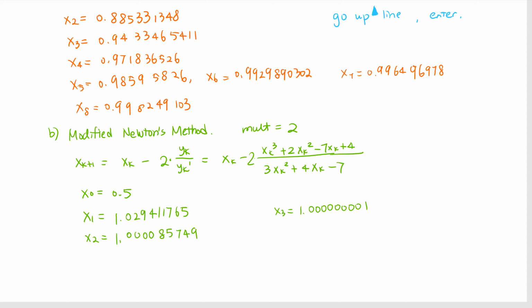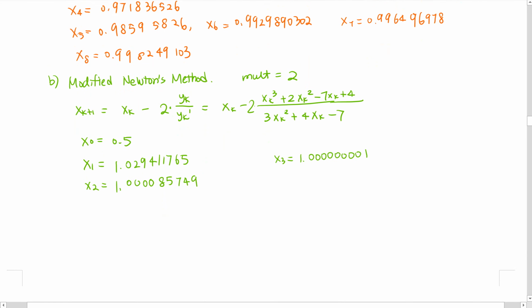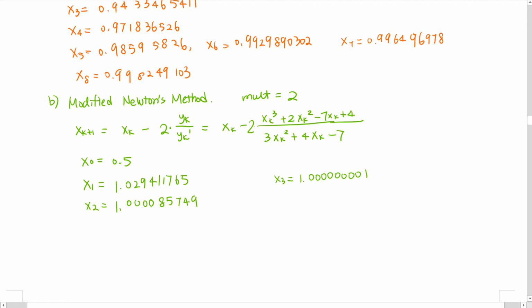Okay, but we can modify the method to preserve the rapid convergence of the order. Okay. All right. Let's see, and make sure in this case, we have to know the order of it. So if the multiplicity is m, then we multiply by m here. Okay, so far so good, everybody? Okay, let's continue.